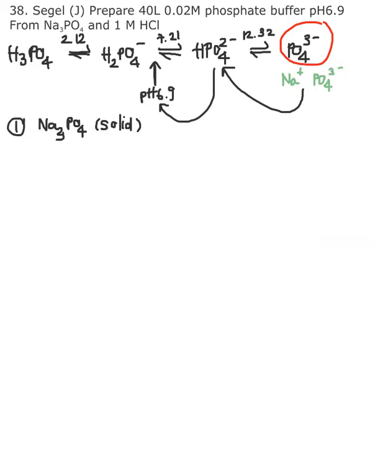This is just going to be partially changed to H2PO4-, and we can know the amount of H2PO4- by solving the ratio using the Henderson-Hasselbalch equation.